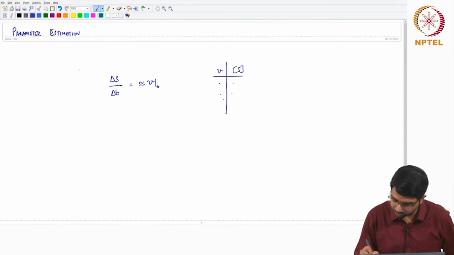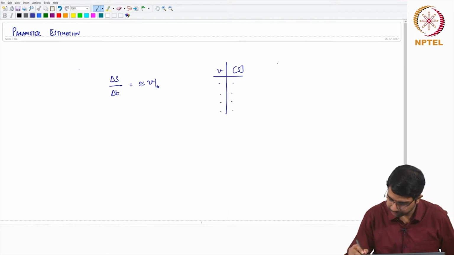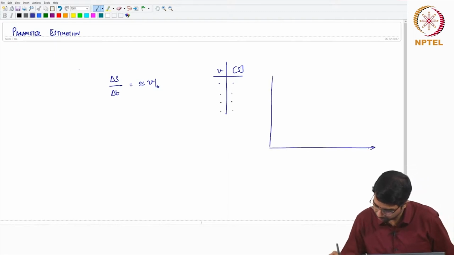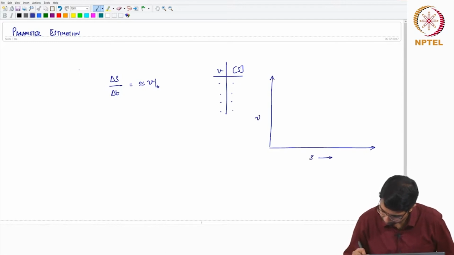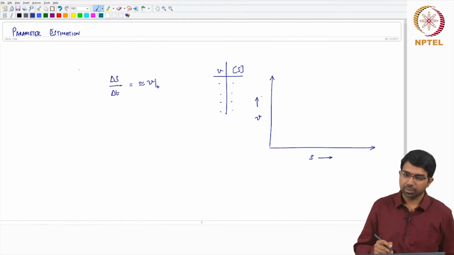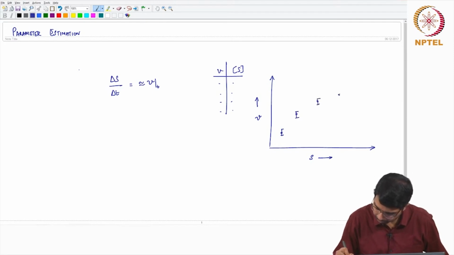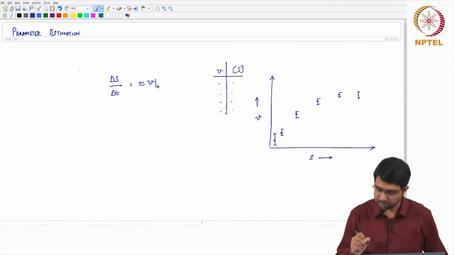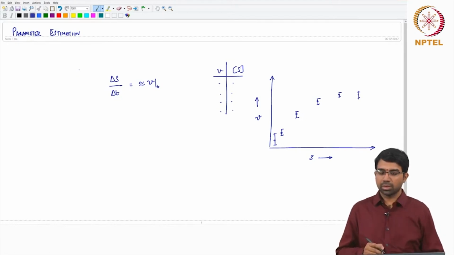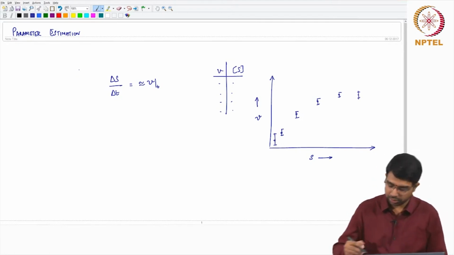So let us say you have a few data points here. You now want to fit a good curve through this.